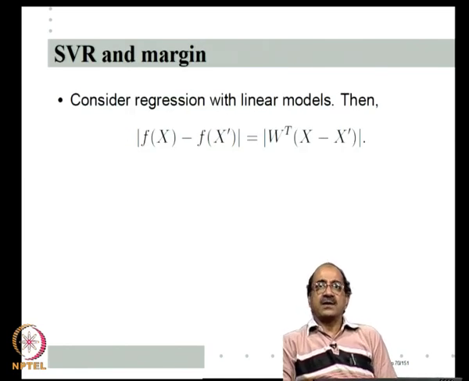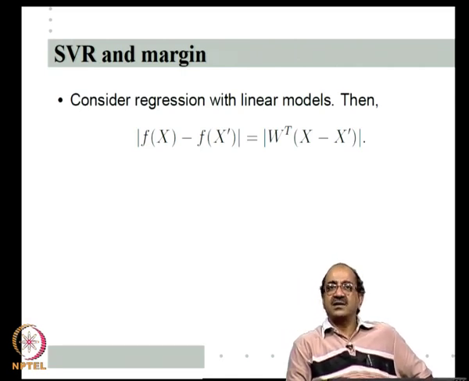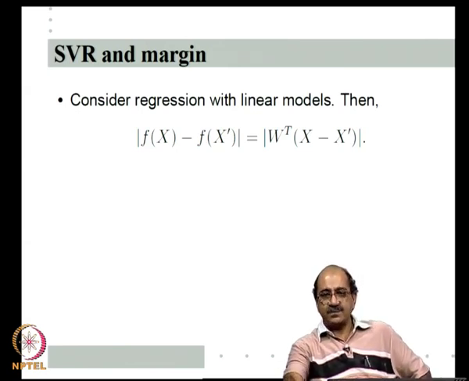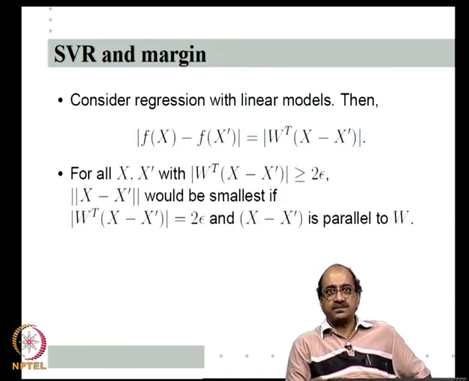Okay. So, we have a linear model. Then f(x) minus f(x'), because f(x) is w^T x, or even if f(x) is w^T x plus b, f(x) minus f(x') will be w^T (x - x'). So, to find the epsilon margin, what do you have to do?